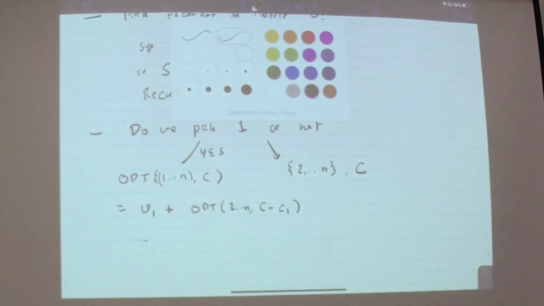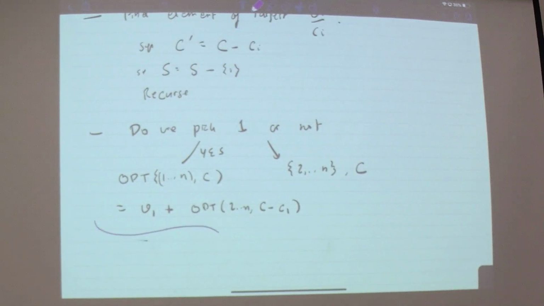Namely, it's called optimal substructure, that to find an optimal solution, you can take off something and then find something that's optimal in what's left and combine them.